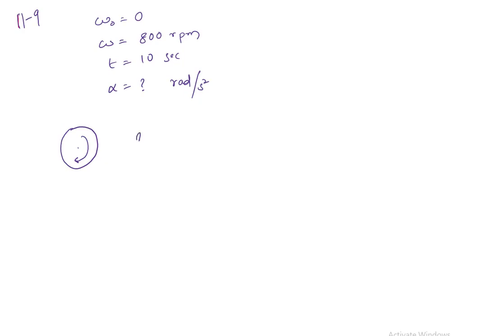So 800 RPM, I'm going to write this as 800 revolutions per minute. Then a minute is 60 seconds. Since minutes is in the denominator, we want minutes in the numerator: 1 minute is 60 seconds, so that later we can cross them out.